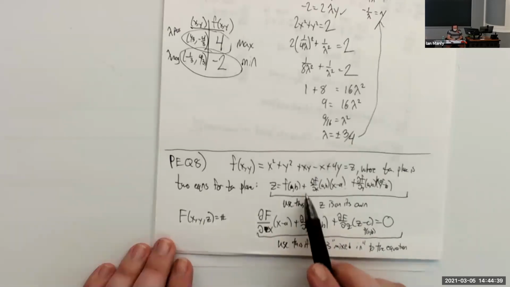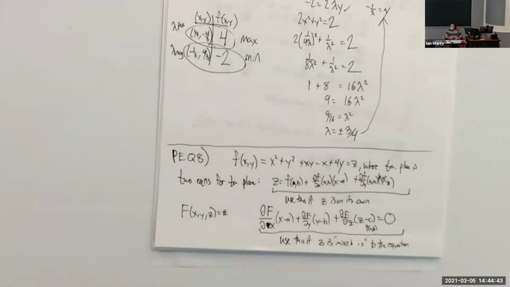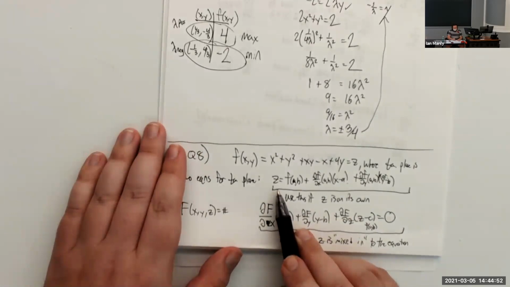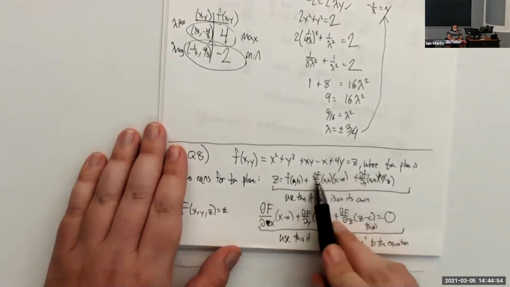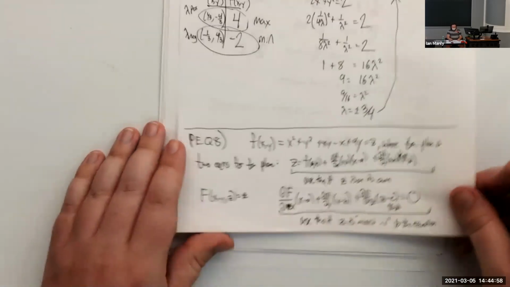But anyways, back to this problem. They want to find out where the tangent plane is horizontal, meaning that z is just going to equal some particular value. So that means we want these 2 partial derivatives to be 0, so we don't have them in there, and then z is just equal to the value. So we're going to look at the gradient of f and see where that's 0.